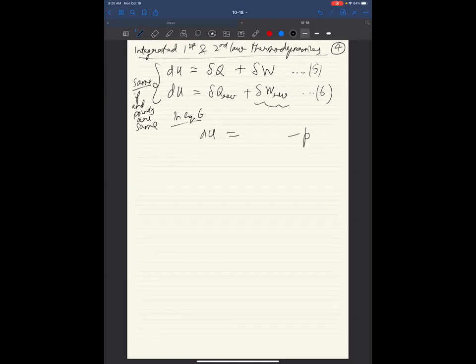Should I call it P external or just P? But it's reversible. No, I'm writing equation 6. When it's fully reversible, the nice thing is I can write delta W reversible as minus P dV, right? I don't have to worry about P external because it's a reversible process, so the pressures are the same. What can I write about delta Q reversible?